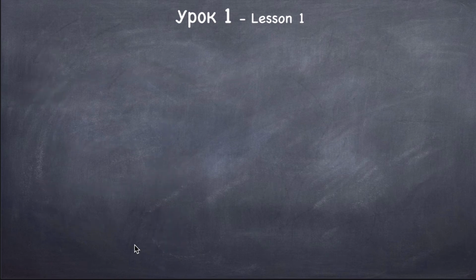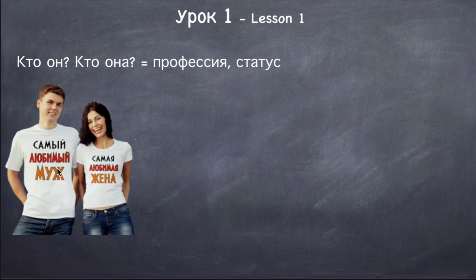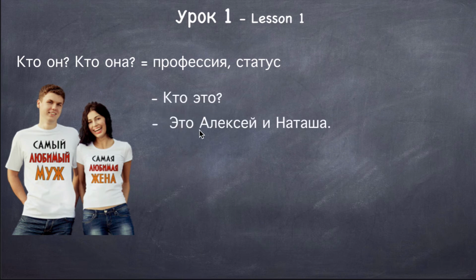Let's continue. So we talked about professions, but let's talk about the status. Status is some more information about a person that you know, whether he's a brother of yours or maybe a husband, just more information. Let's look at this dialogue. Кто это? Это Алексей и Наташа.